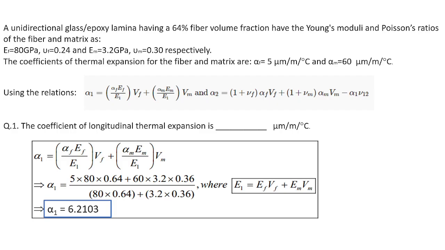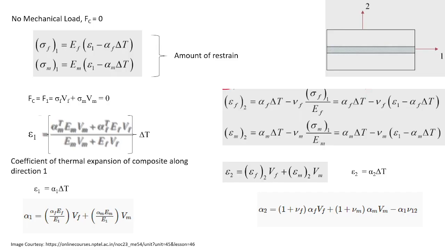So for finding the coefficient of longitudinal thermal expansion, we initially consider that there is no mechanical load on the composite, which consists of the fiber and the matrix, and when there is a temperature difference, there is a stress on it.